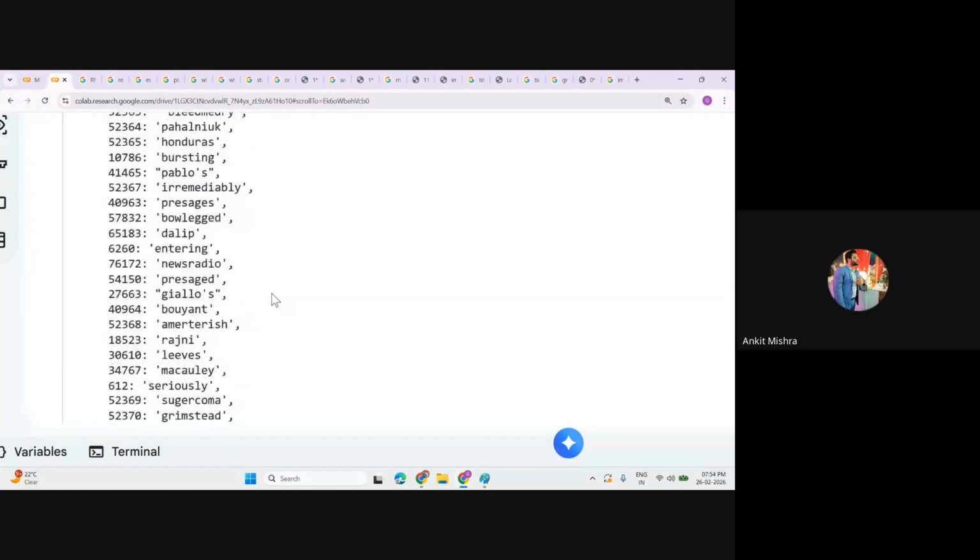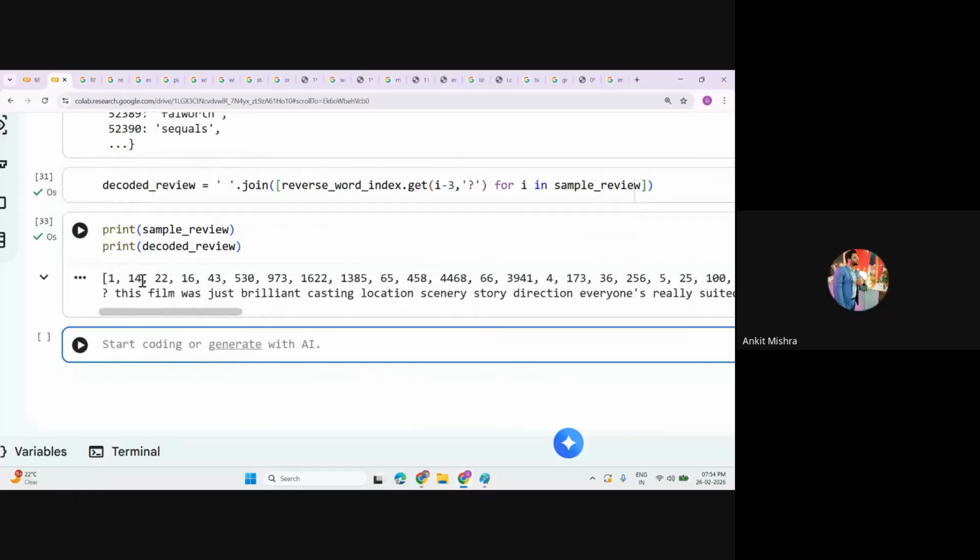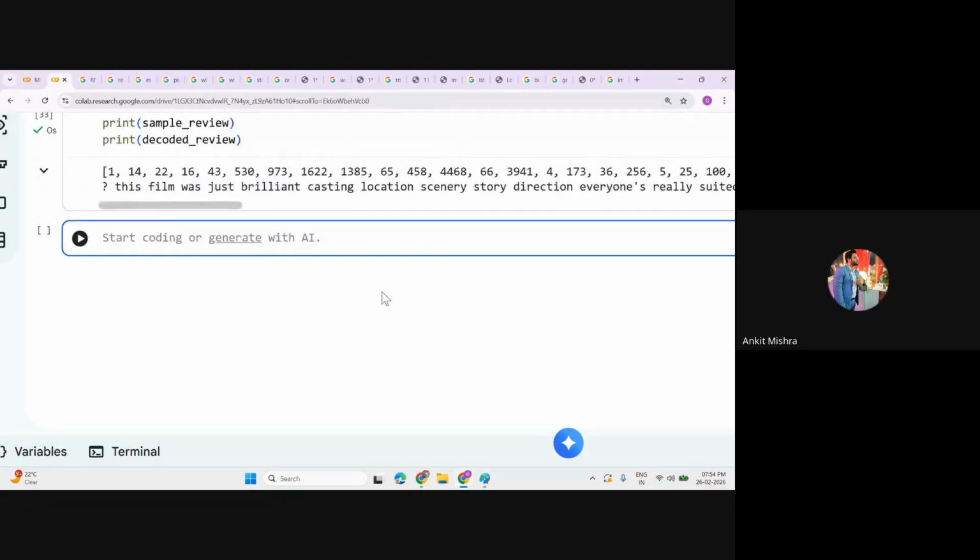Perfect. So this film was just a brilliant casting location scenario. Question mark 1, this 22, 16 will be represented as a, was 43 is just, 530 was brilliant, 973 is casting, 1622 is my location. And that is the main reason we are printing like this. I hope everyone is getting my point.